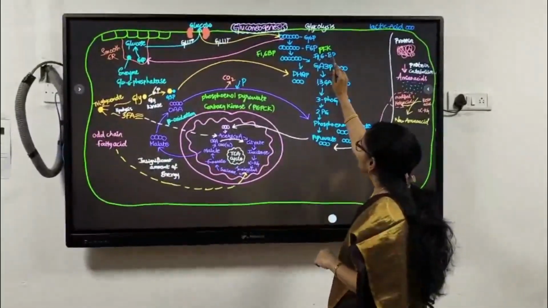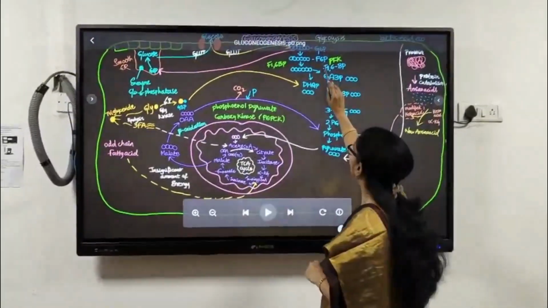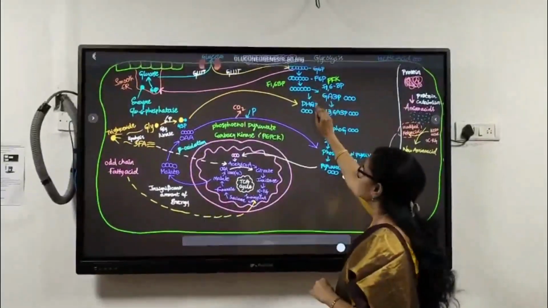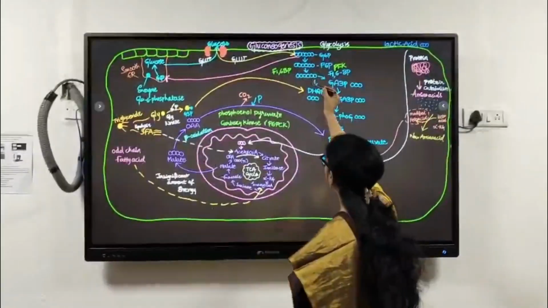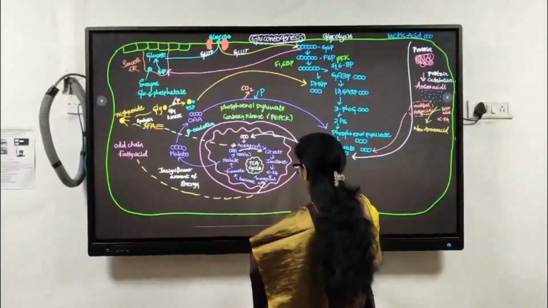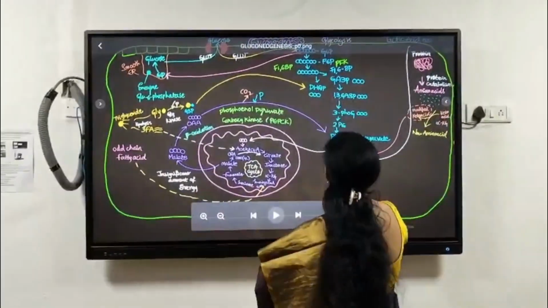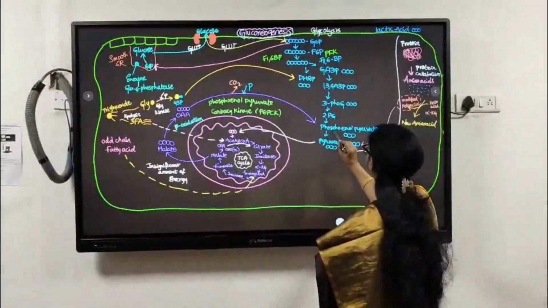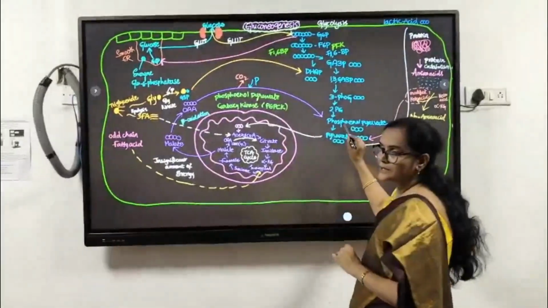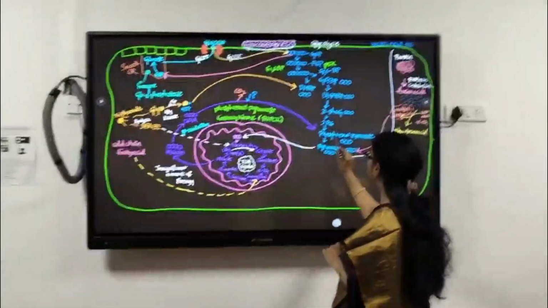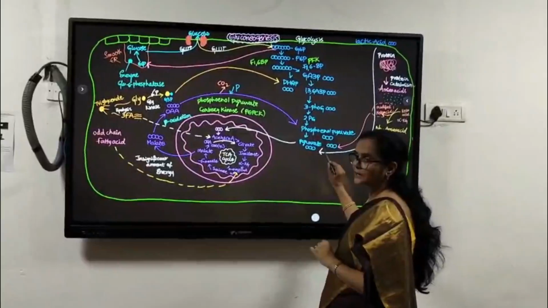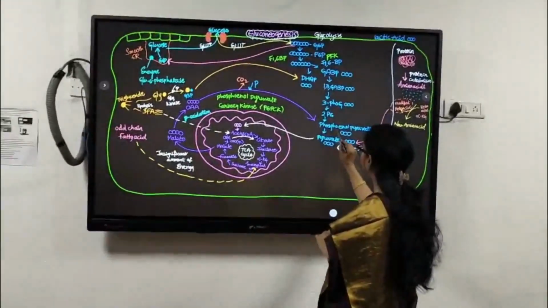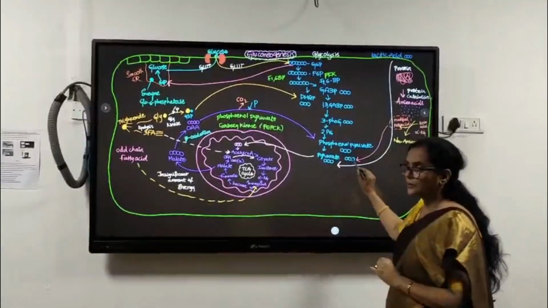The enzyme responsible for this is phosphofructokinase, and this is also an irreversible reaction. The third is phosphoenolpyruvate converted to pyruvate with the help of the enzyme pyruvate kinase. So this is also an irreversible reaction of glycolysis.